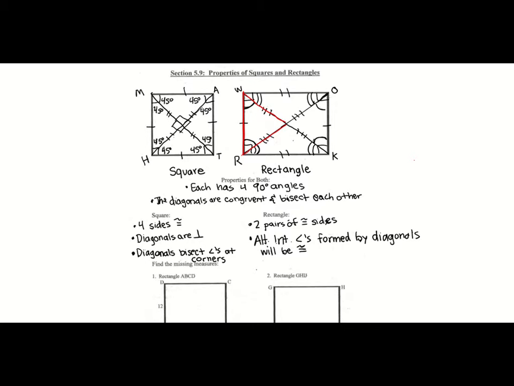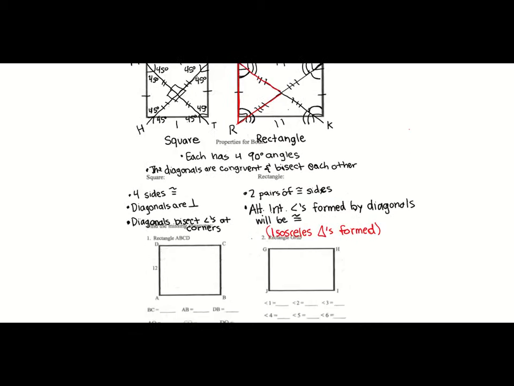So there are 4 isosceles triangles created inside. So we got isosceles triangles formed inside of our rectangle.